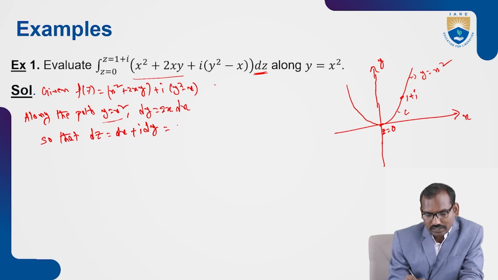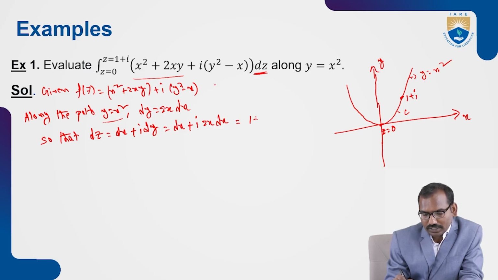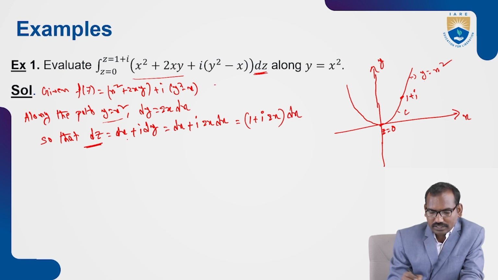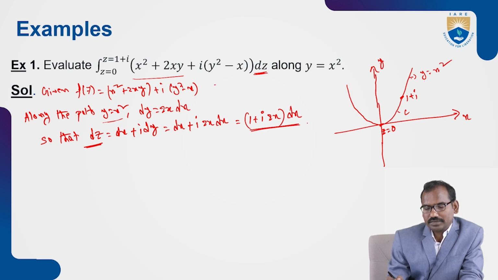Here dx is the same, and dy can be written as 2x dx. So simply we can write dz as 1 plus i times 2x, dx. So dz comes in terms of x. Observe this.